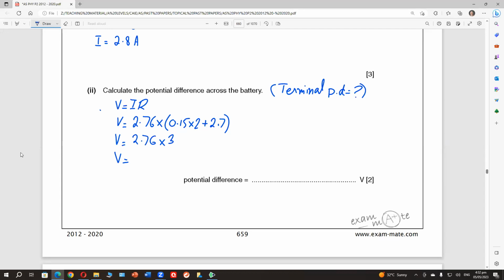So in this, the internal resistance won't be counted, because terminal PD means what the user is getting. Whenever you want the terminal PD, the internal resistance should be avoided. So can you tell me, I actually forgot what the answer was? 8.28.